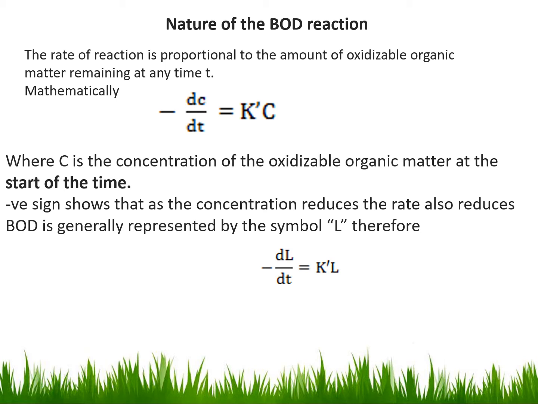So try to read it here. The rate of reaction is proportional to the amount of oxidizable organic matter remaining at any time t. Mathematically it's like this, in which C is the concentration of oxidizable organic matter at a particular time t, multiplied by the constant.